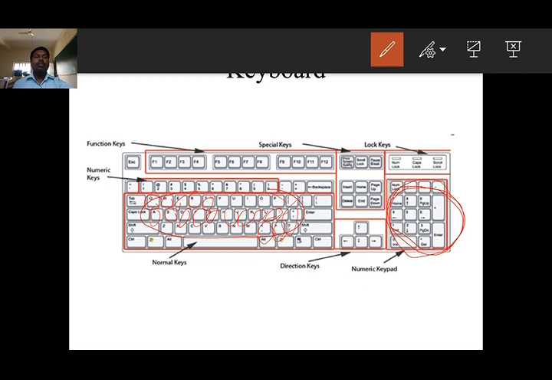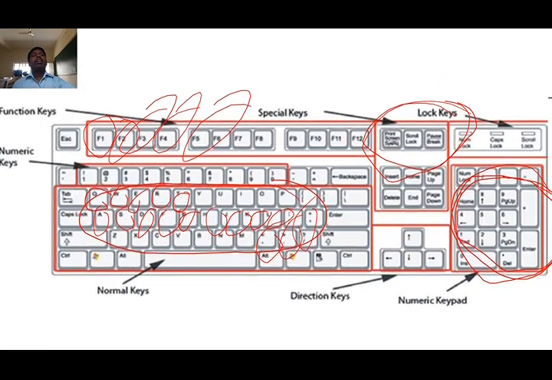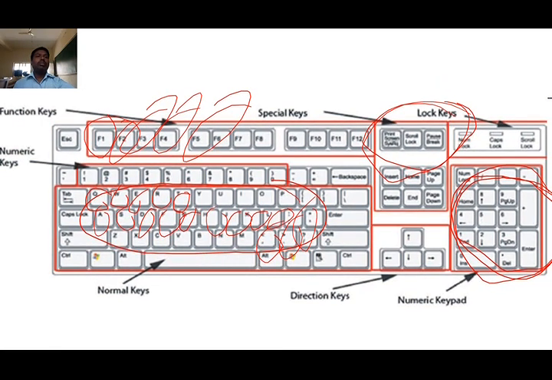Next, function keys: F1, F2, F3, F4, F5. Next, special keys: you can see scroll lock, break, print screen, these are all special keys. So there are 5 types of keys available. You can see this picture and understand there are different types of keys available.